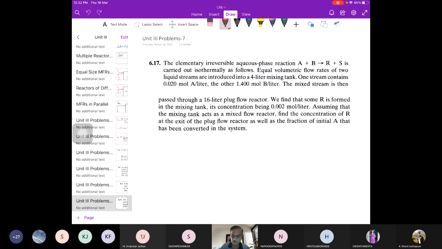Again 11th spell का unsolved problem है 6.17. The elementary irreversible aqueous phase reaction A plus B goes to R plus S is carried out isothermally as follows. Equal volumetric flow rates of two liquid streams are introduced into a 4-liter mixing tank. One stream contains 0.02 moles A per liter, the other 1.4 moles B per liter.